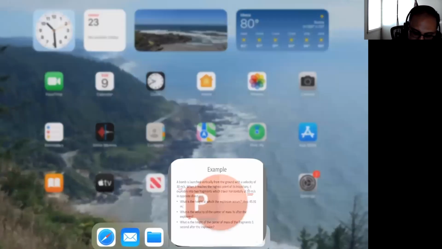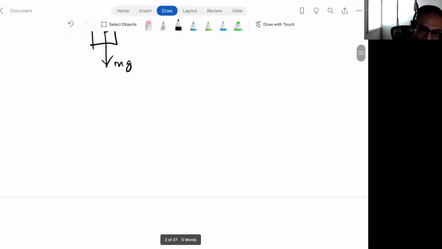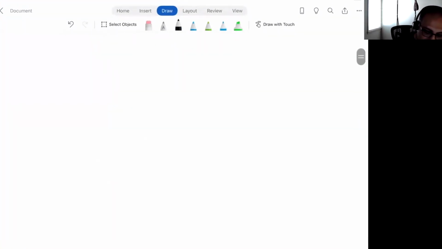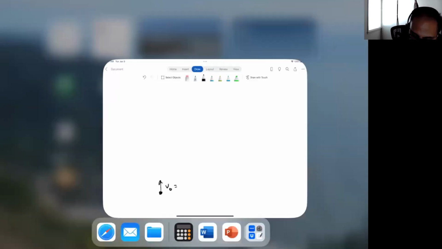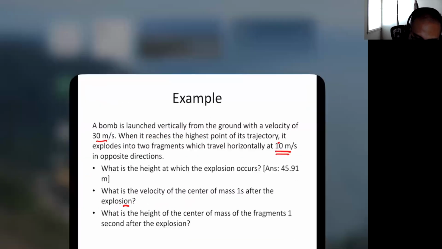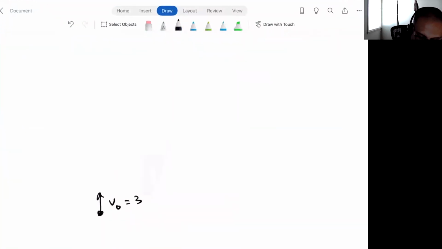So what's happening here is that you have this bomb which is launched vertically with some initial velocity v naught equals 30 meters per second. And then it goes up to the highest point of its trajectory, and that is where it explodes.